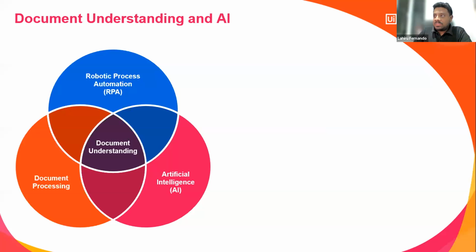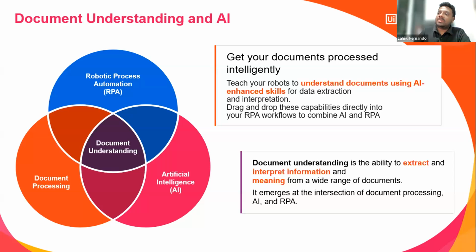And I think you have seen this diagram before in Mukesh's session. So when we talk about document understanding, it's not just one technology. It is a combination of multiple things. You have the original document processing stuff, then RPA, and then the AI.